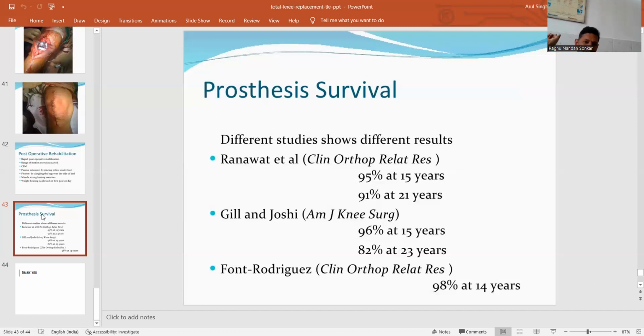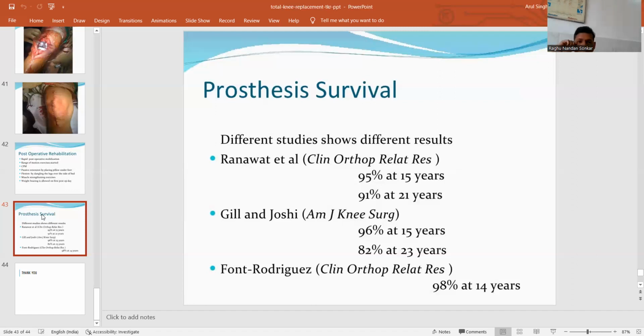After knee replacement surgery, you should move your patient as early as possible. And the most dangerous complication is DVT, deep vein thrombosis. Because this is a major surgery, we should always be conscious about deep vein thrombosis.